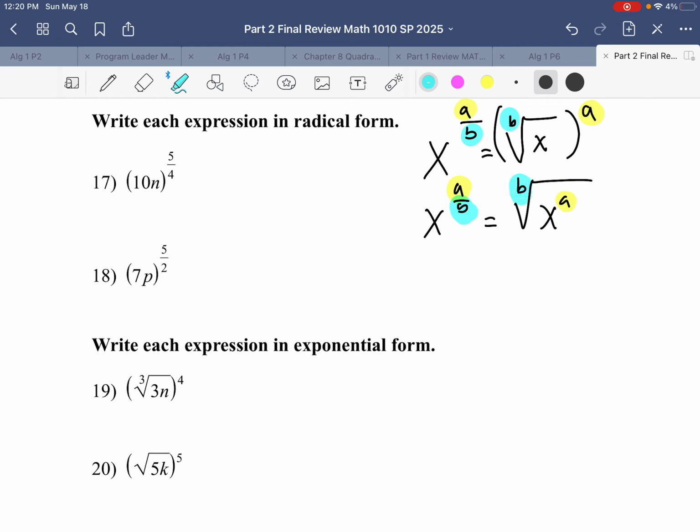The one thing to remember, and I'm going to try to show this as if I had x, y raised to the a over b. Either of these ways are fine, but if you have an x and a y, or in our case a constant and a variable, if the parentheses is around both the coefficient and the variable, then we need to make sure that we're raising both x and y to the a.